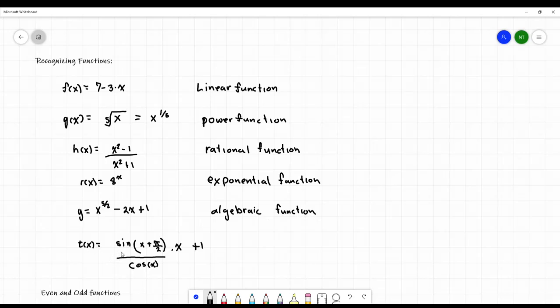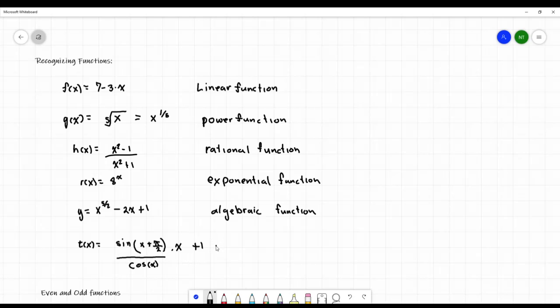Okay, and finally, we have sine of x plus pi over 2 divided by cosine of x, times x plus 1. What kind of function is it? Would you believe me if I said it's a linear function? It is a linear function, okay? Because sine of x plus pi over 2 is equal to cosine of x, okay?